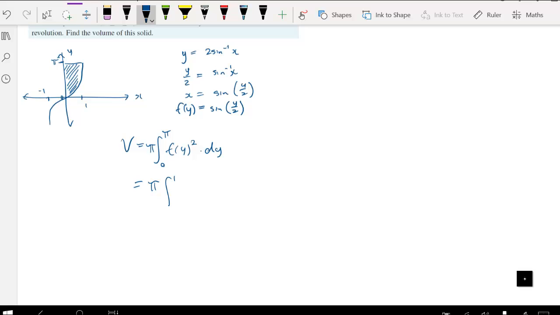So we've got pi, the integral between pi and 0, of sine squared y on 2 with respect to y.